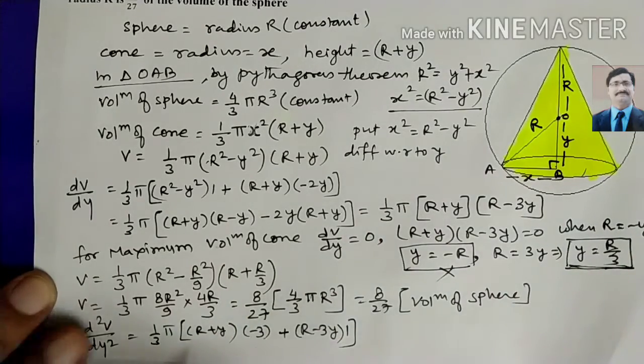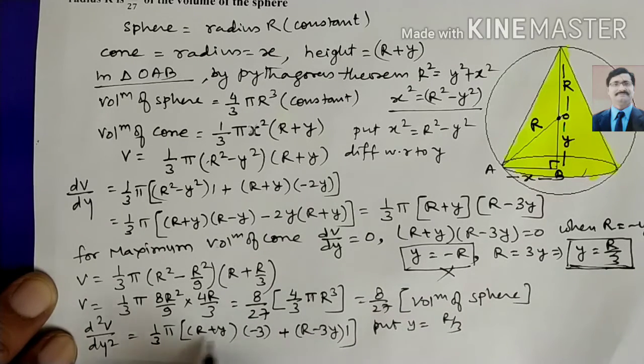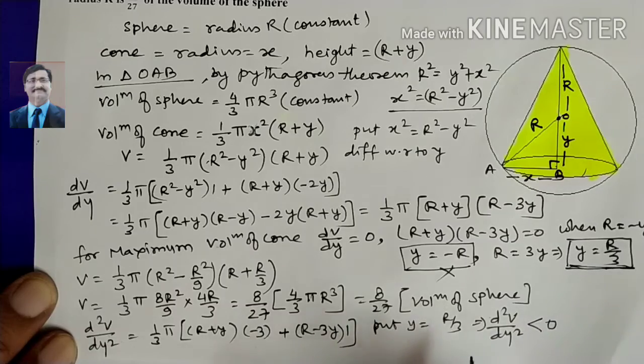Now if we put y equal to R/3, this term becomes 0 and the other is negative, which implies that d²V/dy² is less than 0.